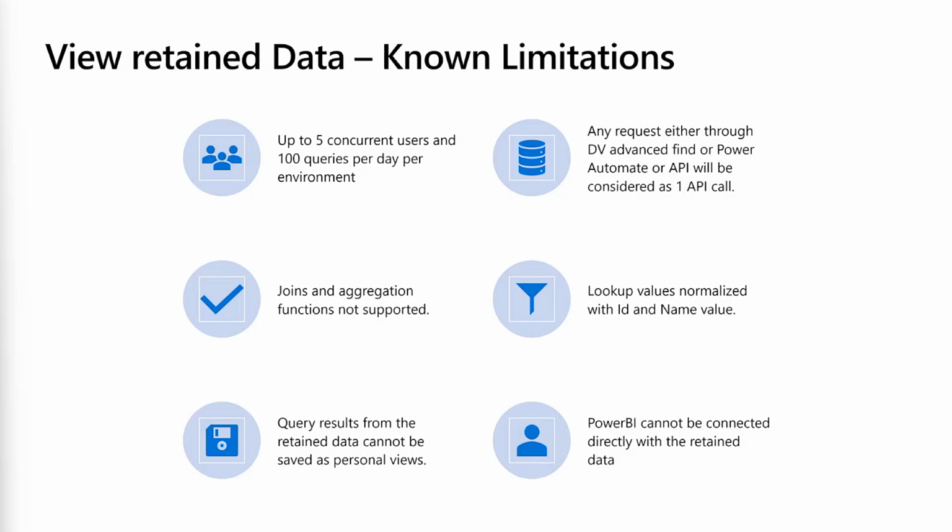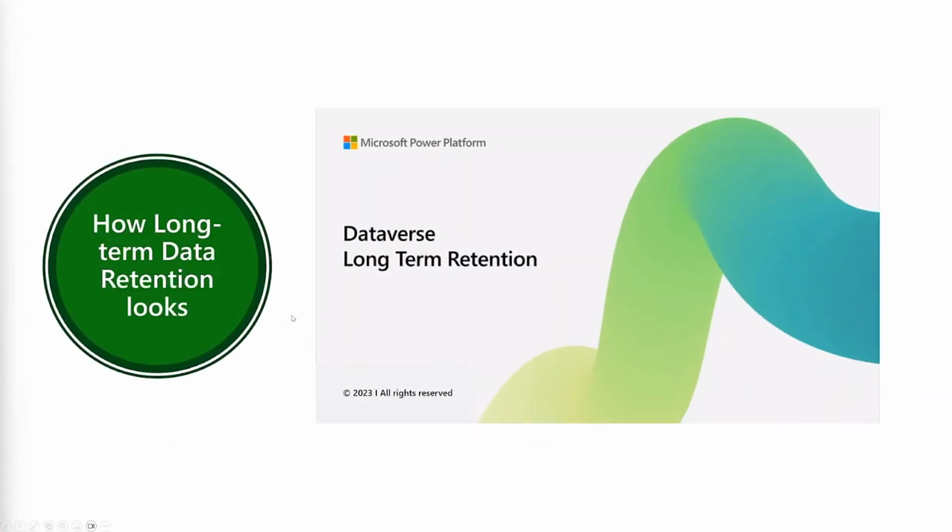Any call that you are making through advanced find or Power Automate is considered as one API call. Lookup values, Gibran already mentioned earlier, are normalized, and currently Power BI has a limitation to connect with the retained data store. With that, I will quickly play a video which will show how long-term data retention works.